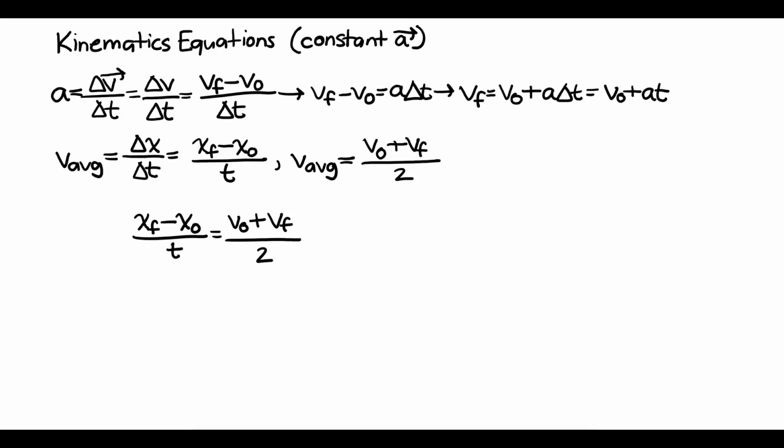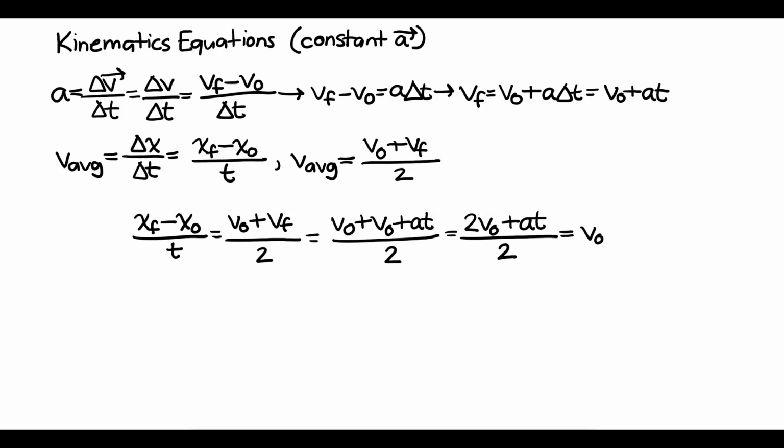Now, for vf, we can use our first kinematics equation and substitute v naught plus at. And what we get is 2v naught plus at over 2. And we can just write this as v naught plus at over 2.